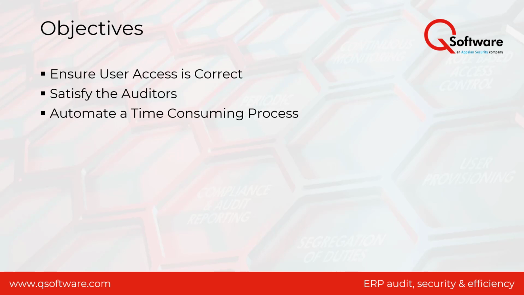And I think the point that is particularly missed is that it's your best way of getting the user management to buy into understanding the access, and therefore owning the access and owning the issues with the access if there are any.